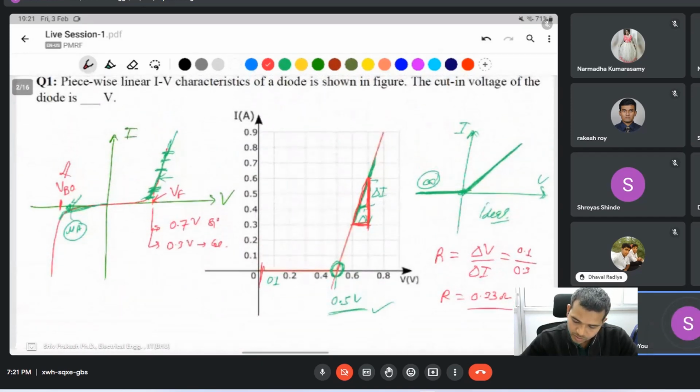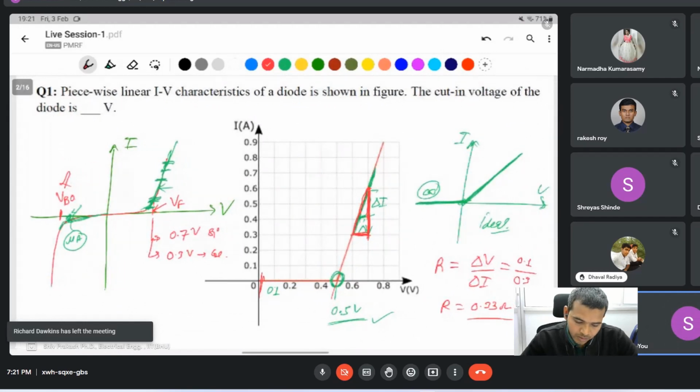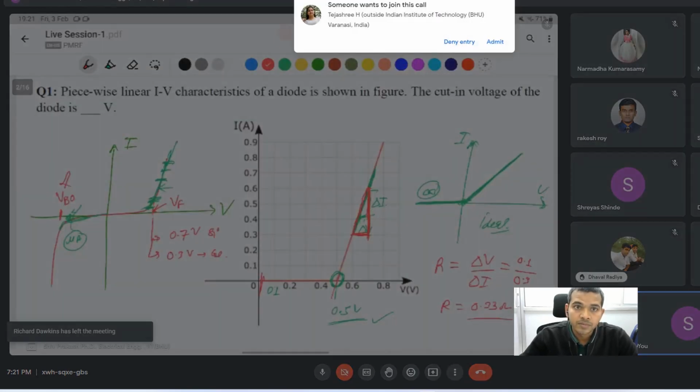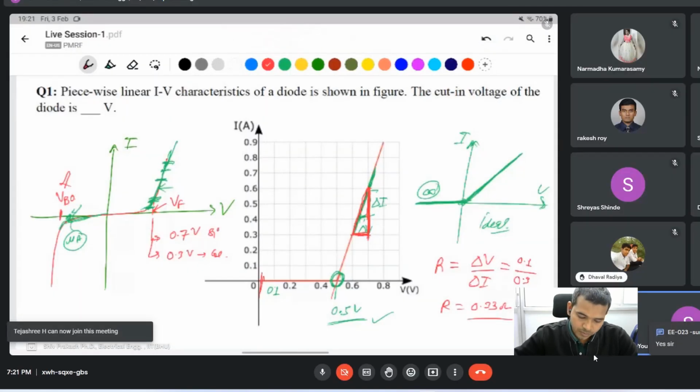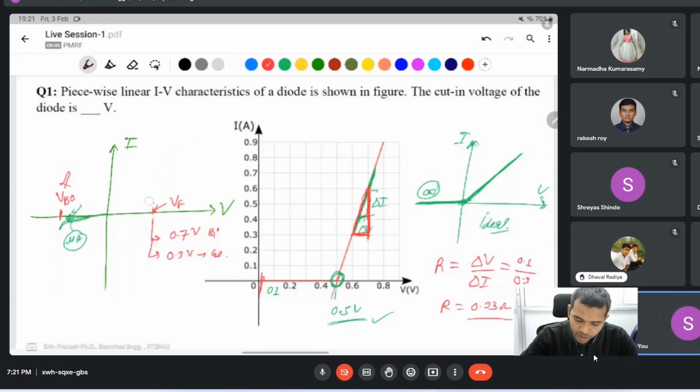Piecewise linear means a diode characteristic.